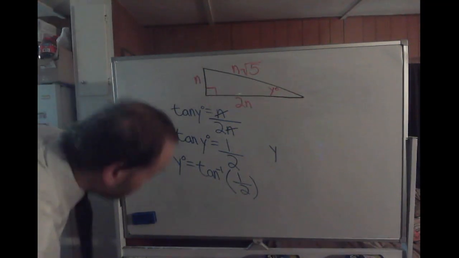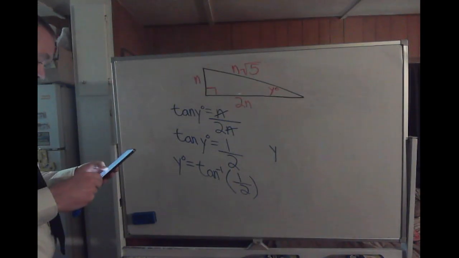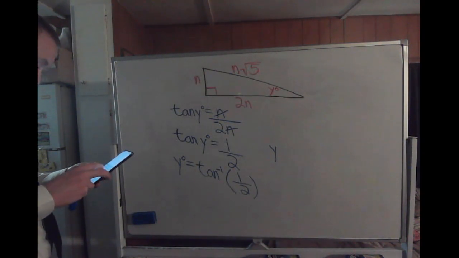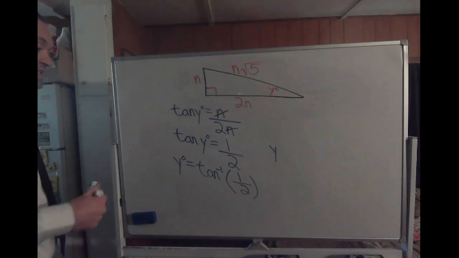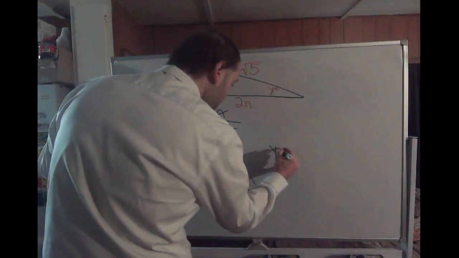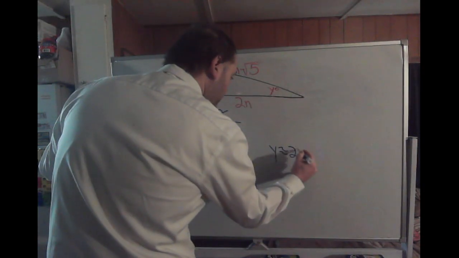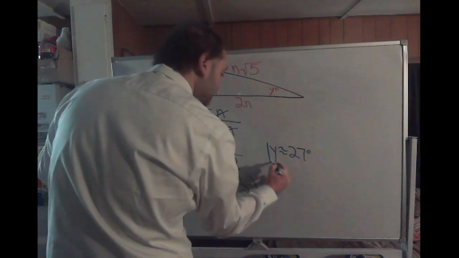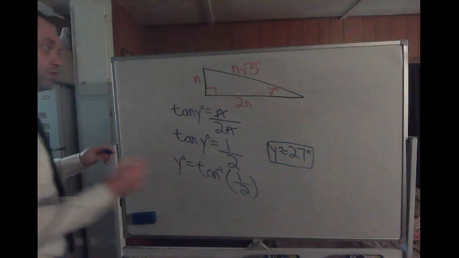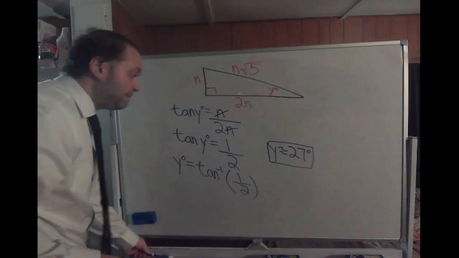Let's find the tangent inverse of 1/2, which is approximately 27 degrees. So angle Y is approximately equal to 27 degrees. That's what you end up getting.